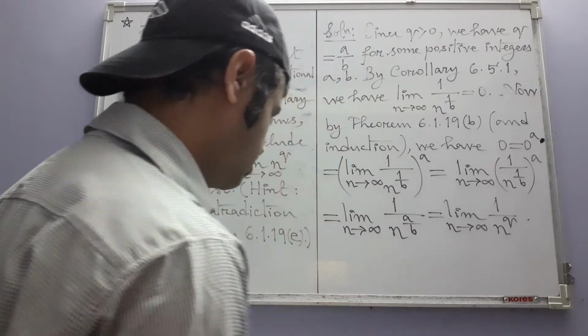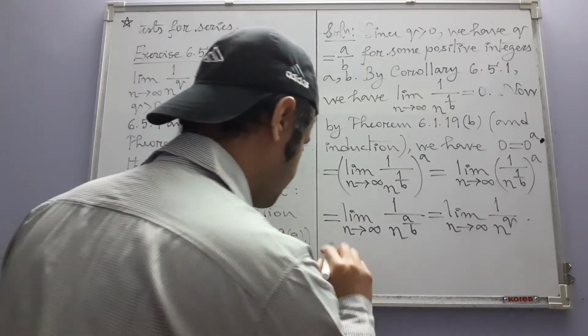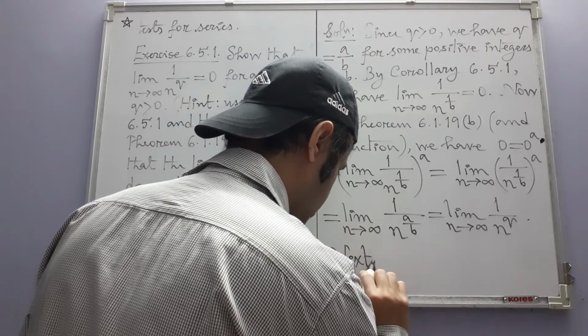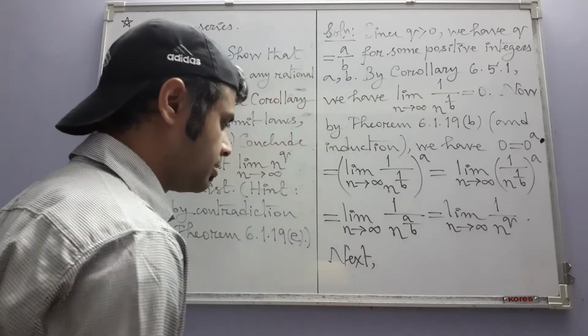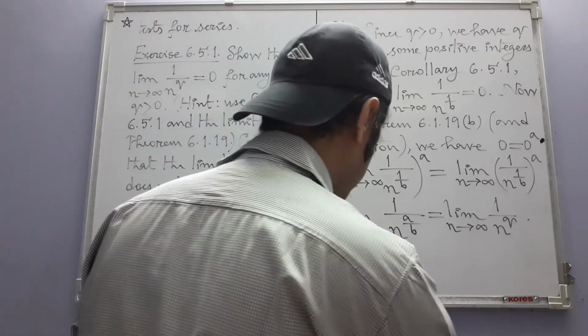And now we are going to conclude from this that the other limit does not exist. Next, we will do that by contradiction. So we will suppose that it exists and then derive a contradiction.